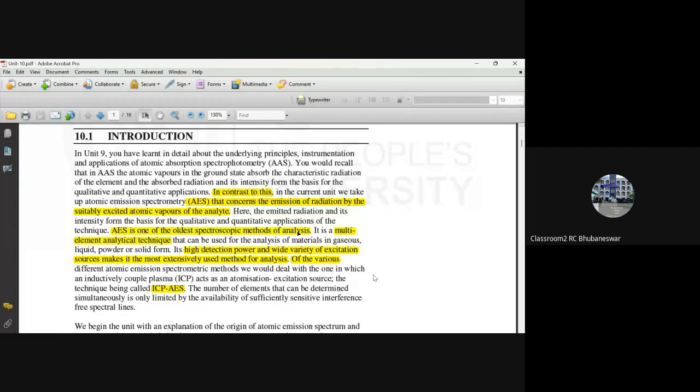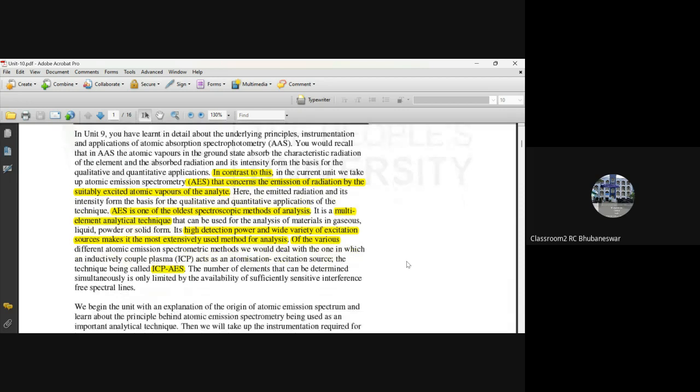In the last class, we discussed atomization by using the graphite furnace and the flame, but flame atomization has certain limitations. We saw that electrothermal atomization, by using the graphite furnace, becomes quite easy, quite sensitive, and is good for finding the atoms in a good way.